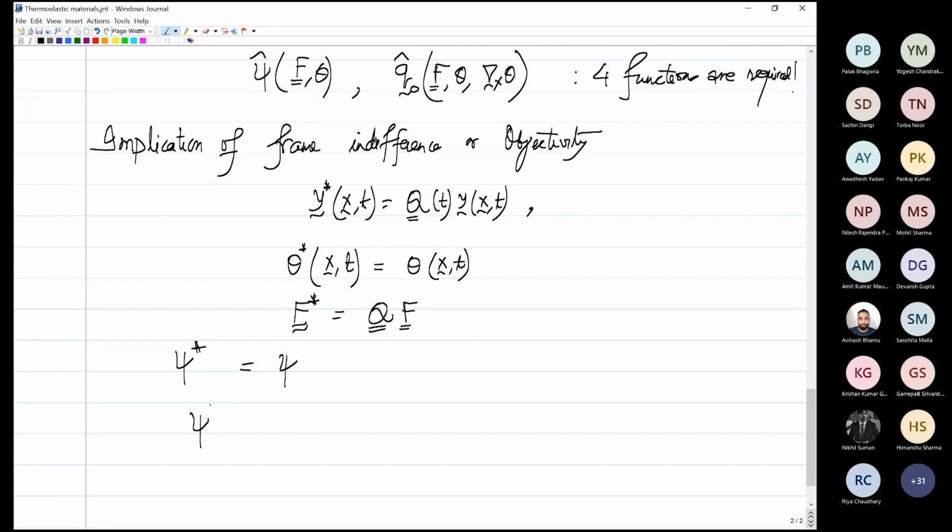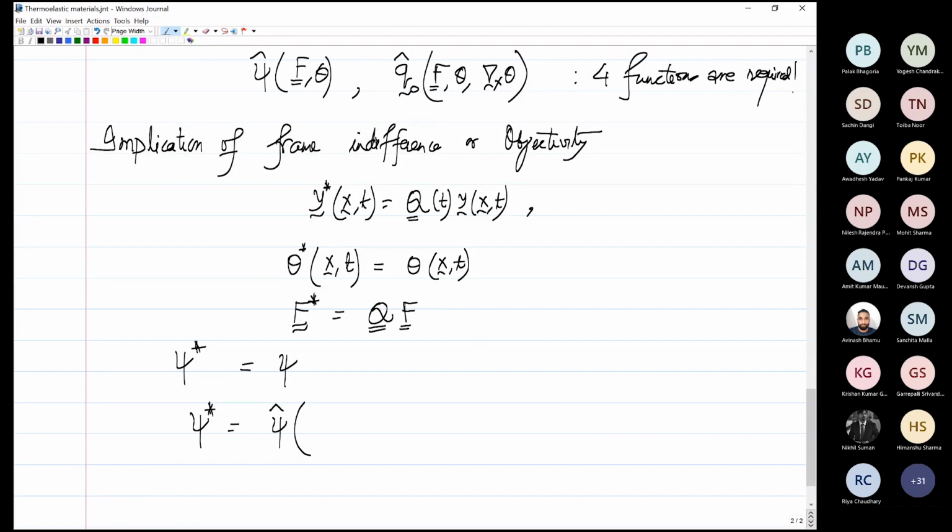Now what will psi star be? Psi star will simply be that function psi hat. See, the function is not changing, because this function is going to hold for every motion. So it will hold for y as well as y star. So I'm just writing psi hat.